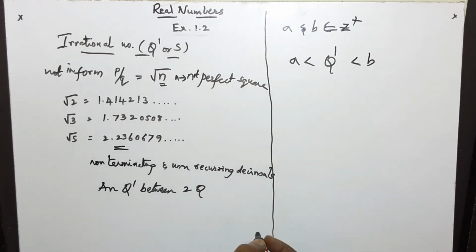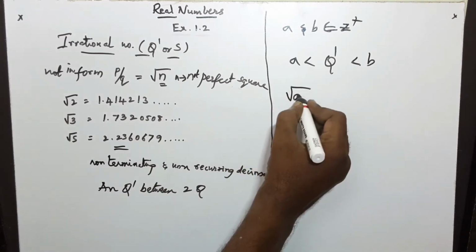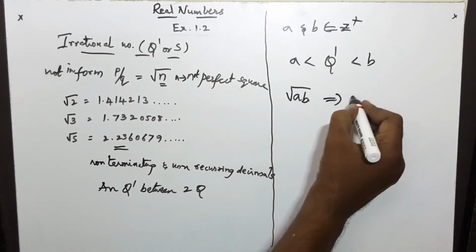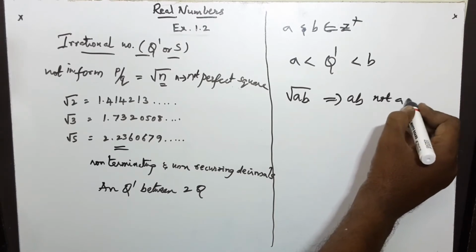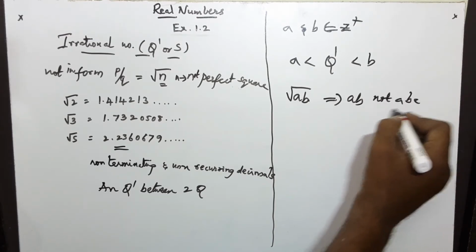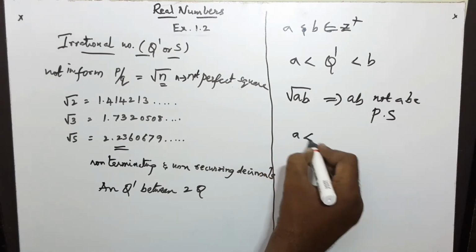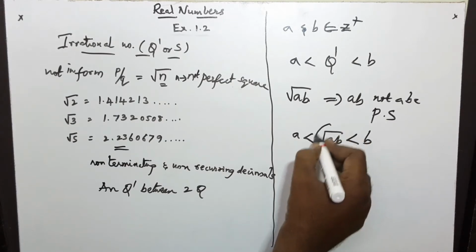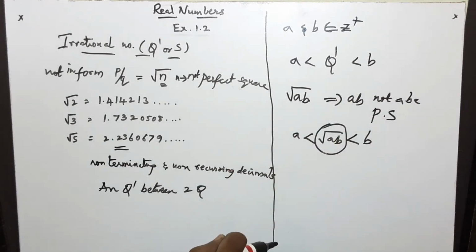So how do we find an irrational number? It is root ab, and the product ab should not be a perfect square. So an irrational number between two rational numbers is root ab, where ab is not a perfect square.